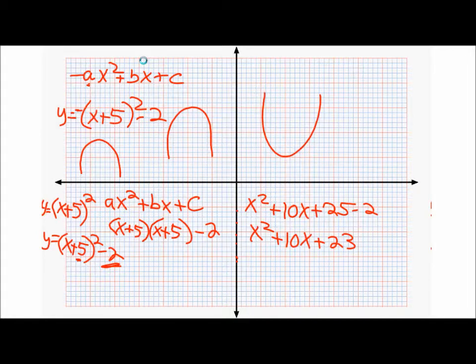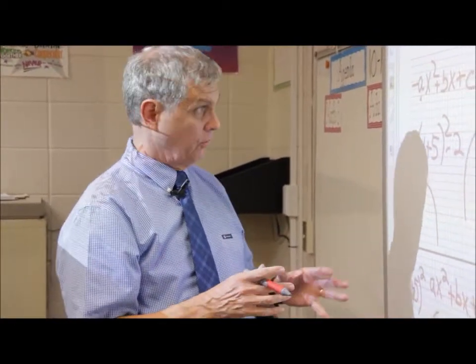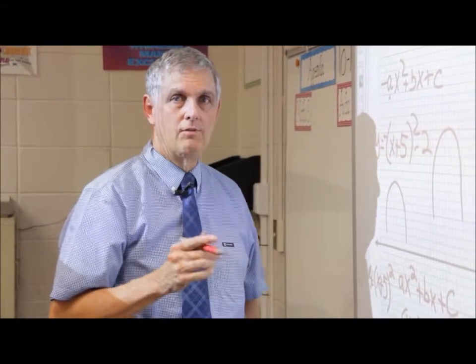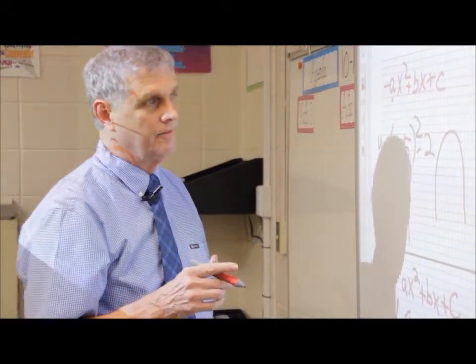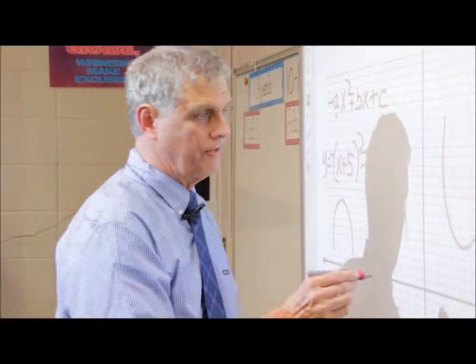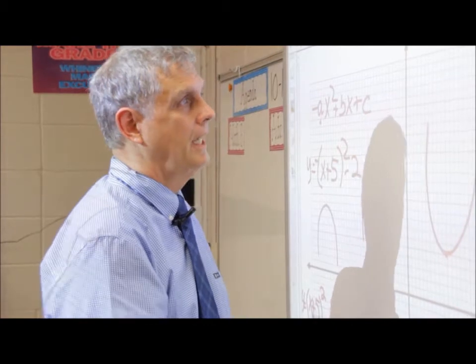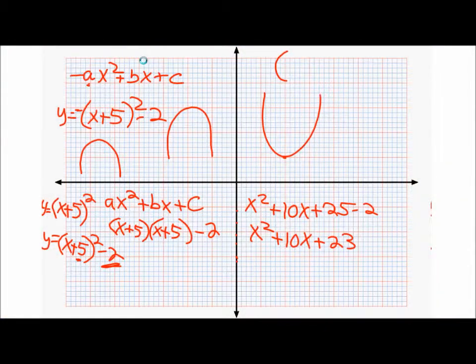Now, I've shown you the shortcuts for when you look at an equation, knowing where it's going to be placed. There is an actual formula for knowing exactly what the coordinates of the vertex are. And again, the vertex is this part right here. And that is the two components. The x component is minus b over 2a.